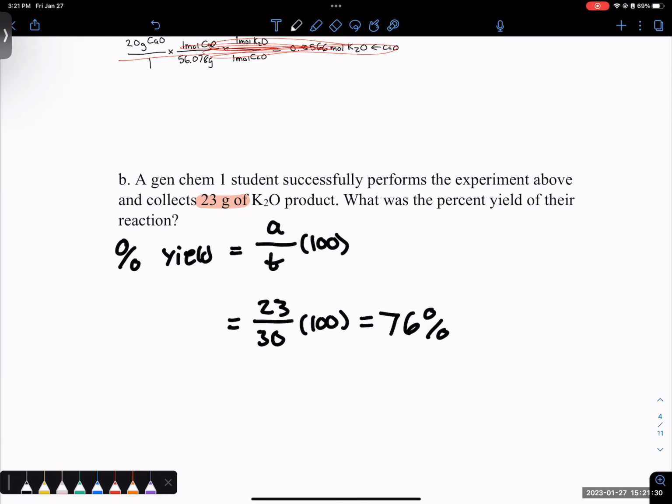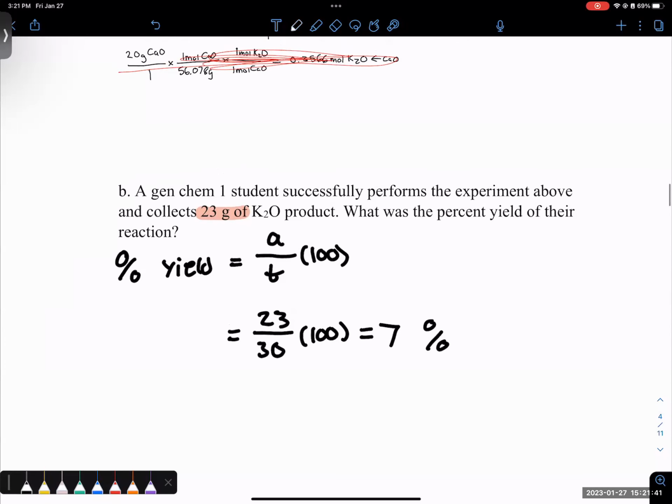I think 76.6 repeated. We'll say it's 77. I just went off the answer key that I had from about 3 semesters ago. Okay. You want another problem like this? Okay. Whatever I see, yeah.